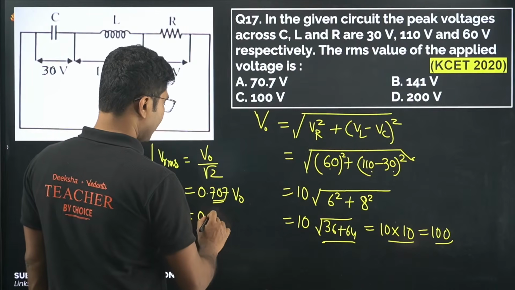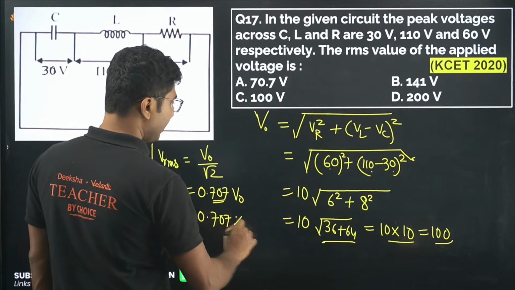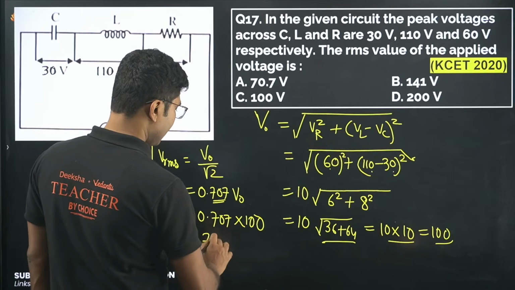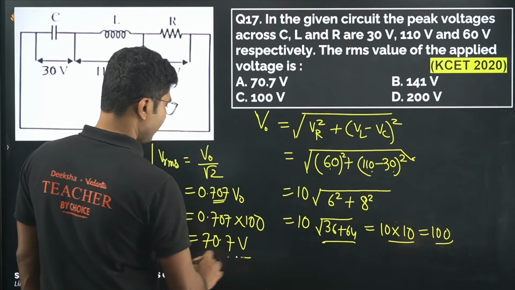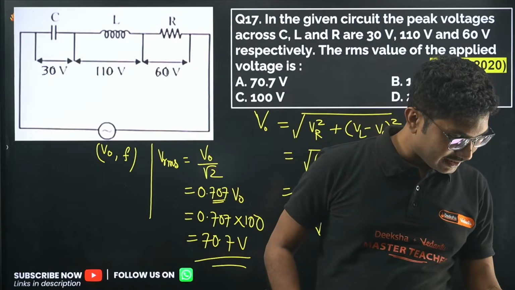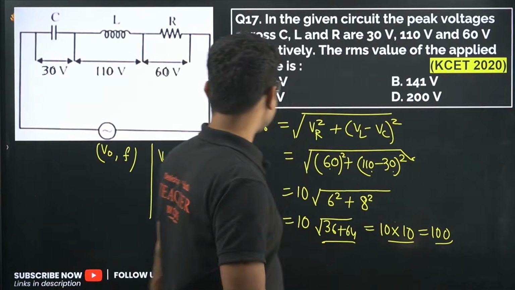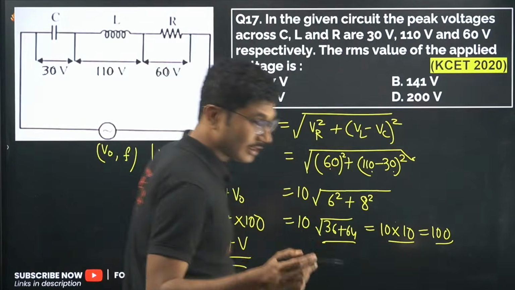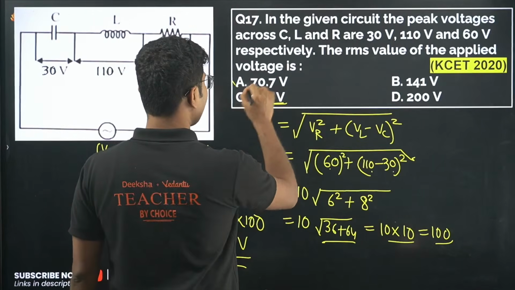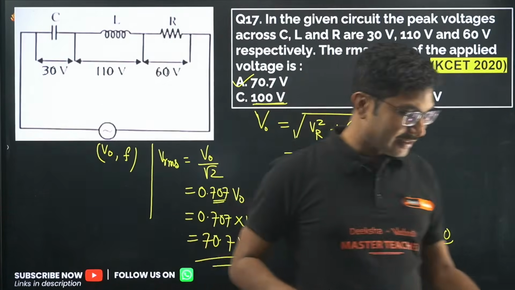So 0.707 V naught, and we have calculated 100, so this will be 70.7 volt. The correct answer is 17C. Nagaraj, as I mentioned, 17C will not be the answer, because Ananta is answering it correctly.